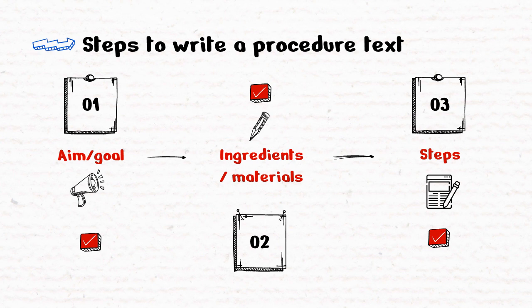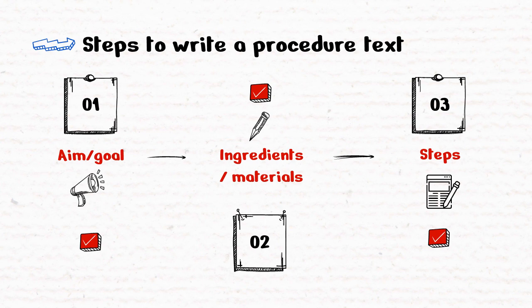And the second part is required to write ingredients or materials. Writing ingredients or materials is useful for explaining what ingredients or tools are used to make something in the procedure text. For example, the ingredients to make dalgona cafe are coffee and sugar.